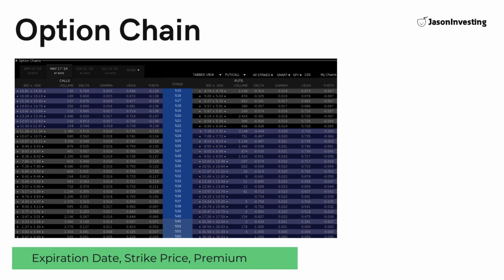Say you want to buy this call option. If you want to pay the highest price, which is the asking price, $8.97, that will be the price of the call option. But it doesn't cost you $8.97. It actually costs you $897 for one options contract.